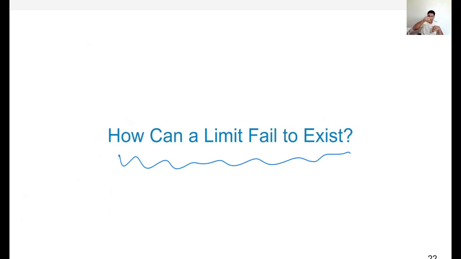In one case, the function was going to infinity, either on the left or on the right. If the values of the function go to infinity, if there is an asymptote, the limit fails to exist. The other situation was that the function has one-sided limits, but they don't agree. Basically, it's around this.